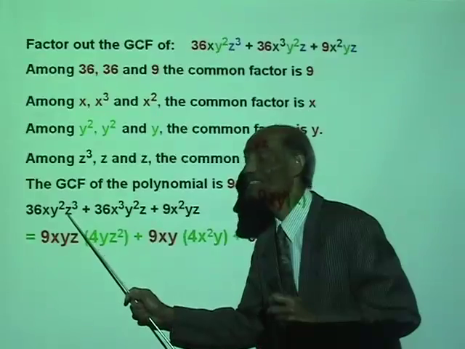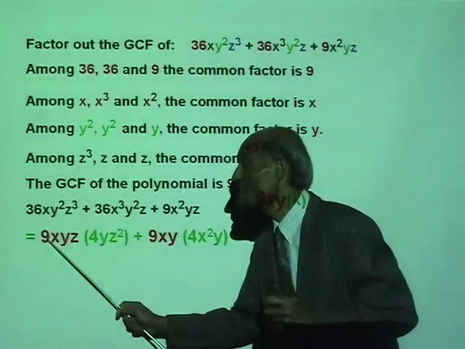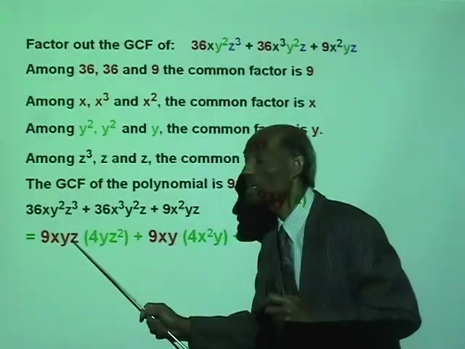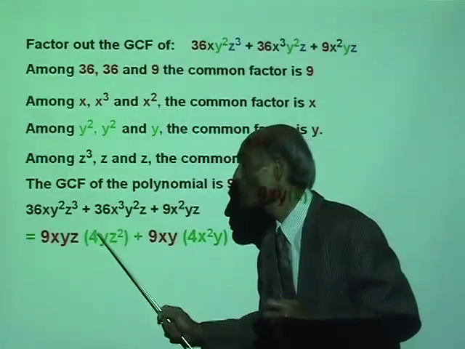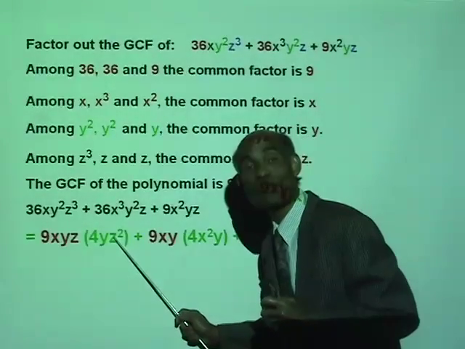So 36xy squared z cubed is 9xyz multiplied by 4yz squared.